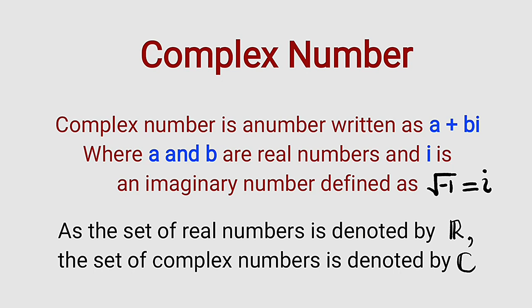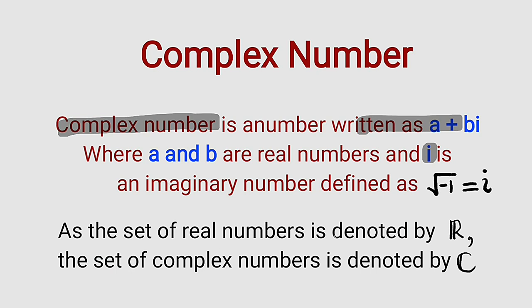So let's read this information here. It states that a complex number is a number written as a plus bi, where a and b are real numbers and i is an imaginary number defined as the square root of -1.